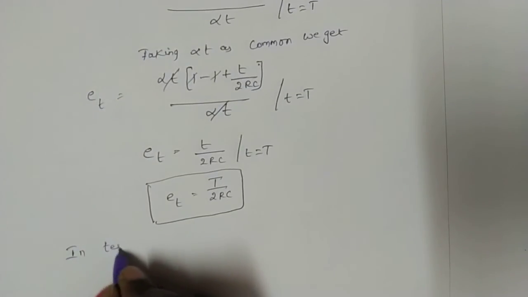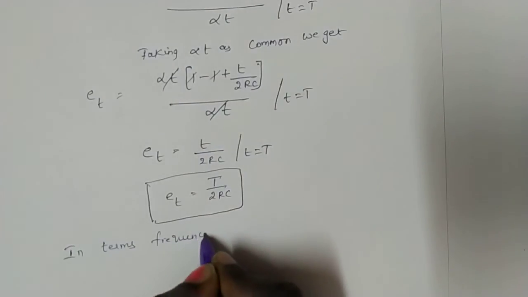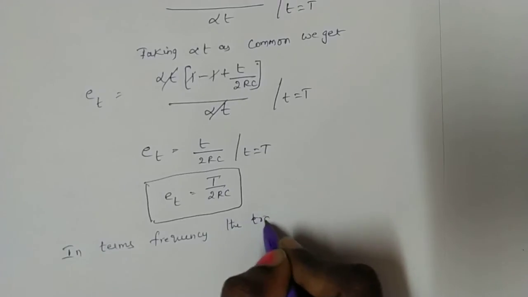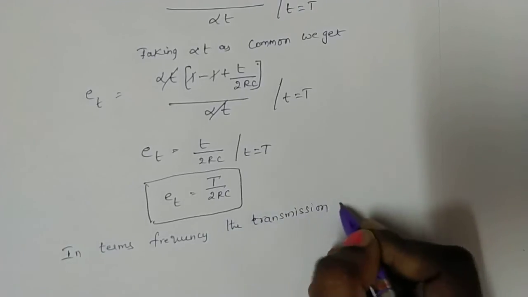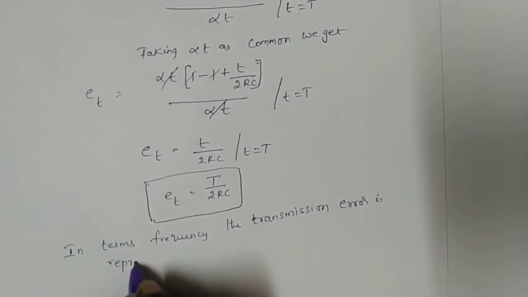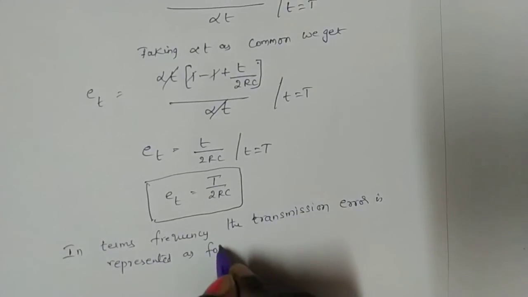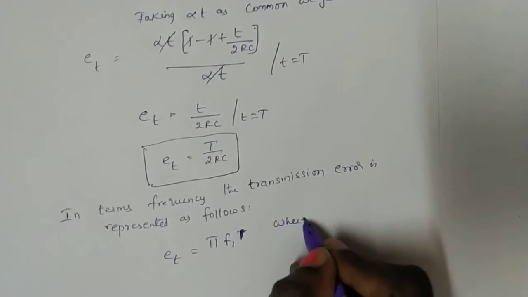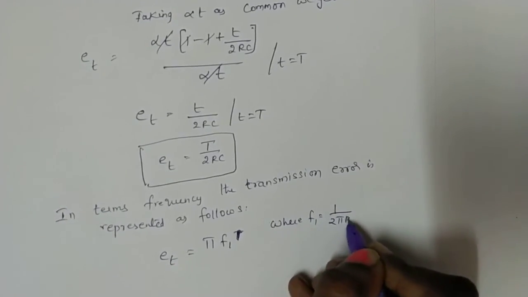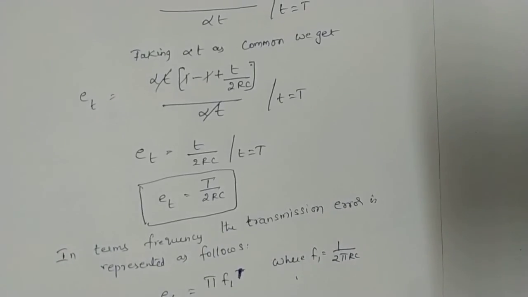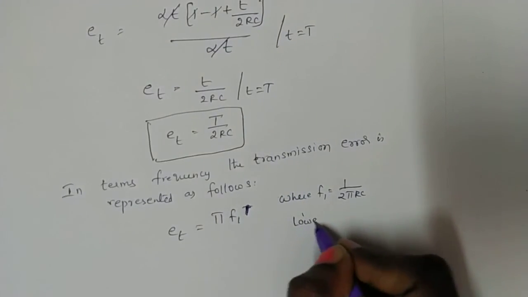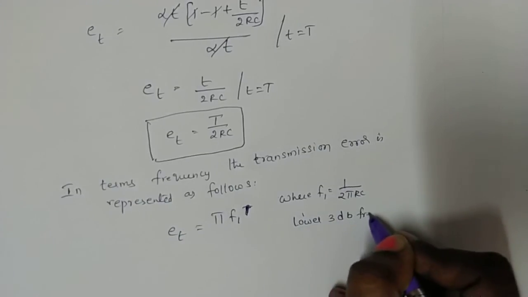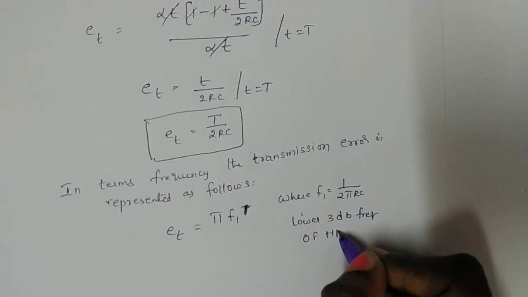In terms of frequency, the transmission error is represented as follows: Et equal to pi f1 into T, where f1 is 1 by 2 pi RC, which is the lower 3 dB frequency of the HPRC circuit.